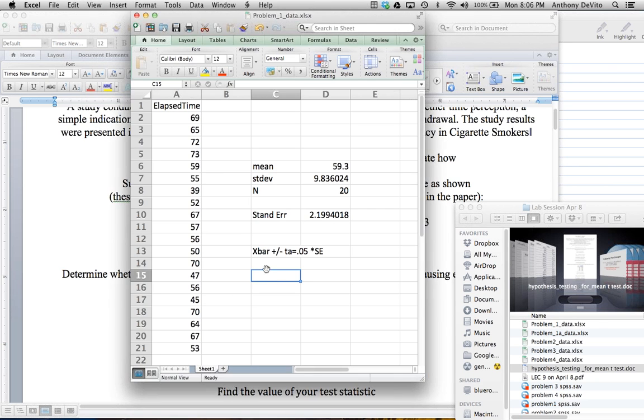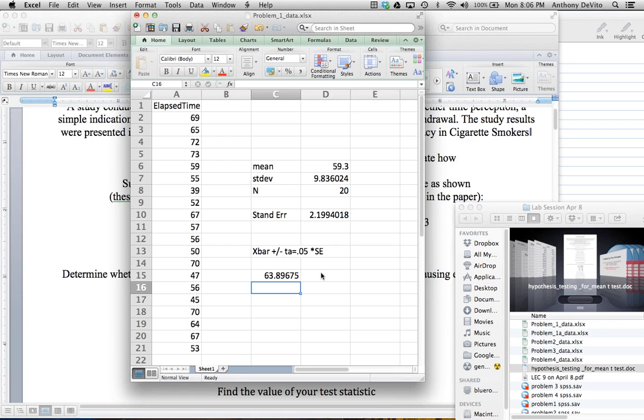So our confidence interval is going to be equal to the mean, which is 59.3, plus our t-score, which is 2.09, times our standard error, which is 2.199. I'm going to put this into parentheses so it does it in the right order. Let me hit enter and see if it works.